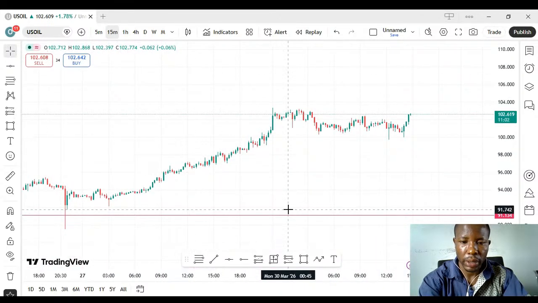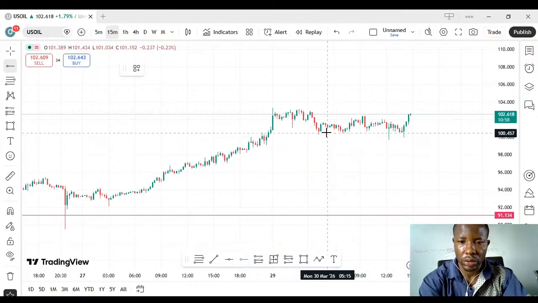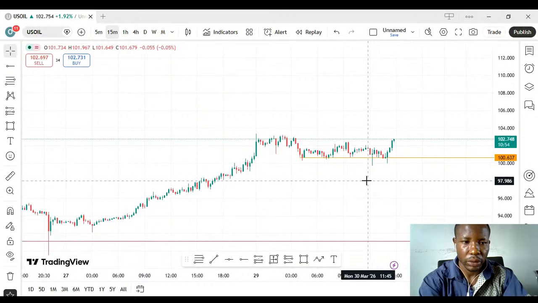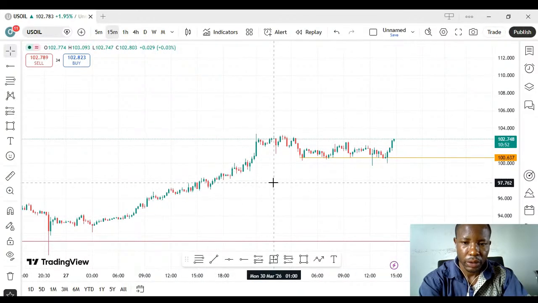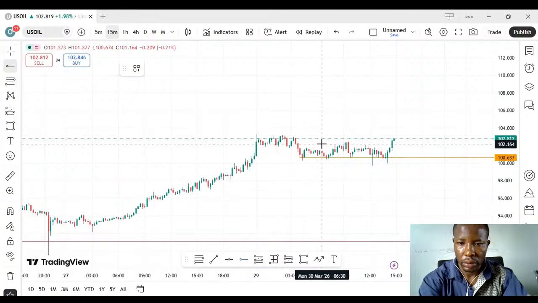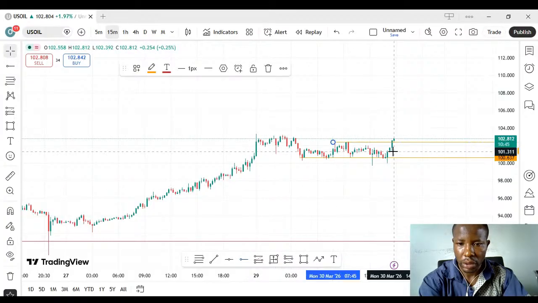Even if we continue like this to December, oil might get to 2,500 per liter. So it's not getting any better right now because of what we can see on the chart.